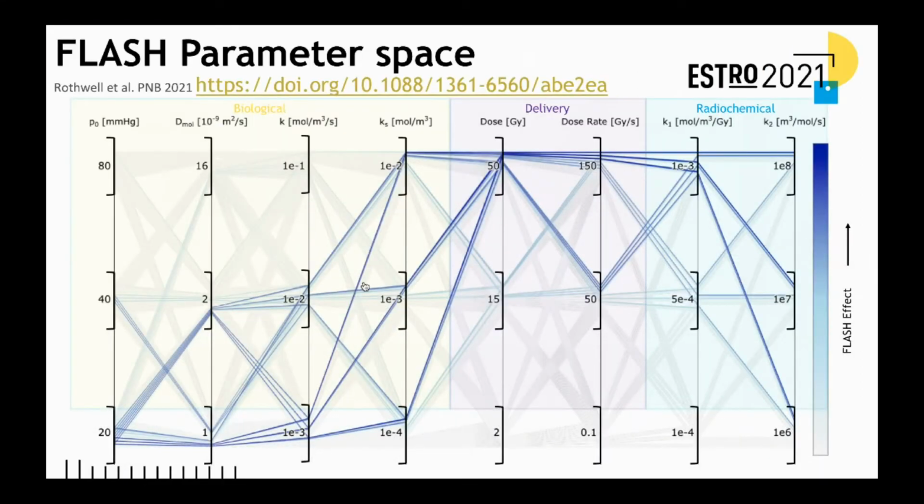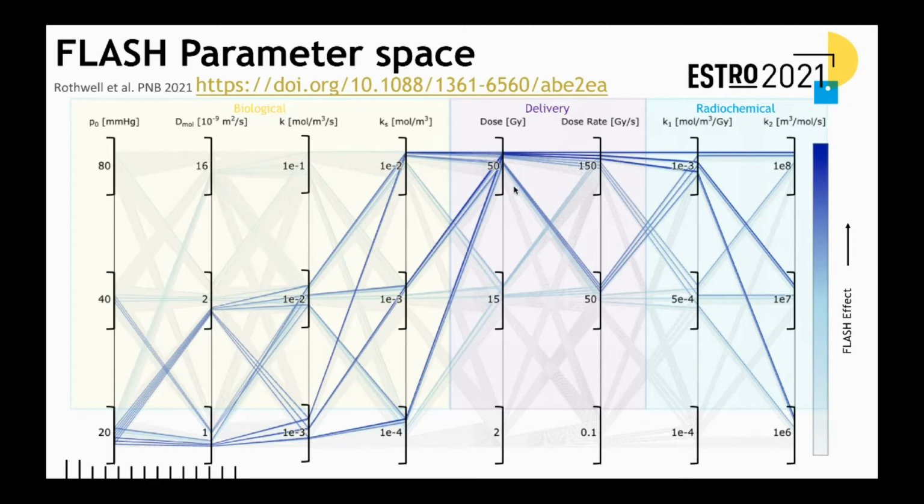And so Beth has applied this model and done over 3 million simulations. And what we're showing here is a multi-parameter plot with the biological, the delivery, and the radiochemical parameters. And the blue lines are showing which parameters you have to satisfy in order to get the flash effect.